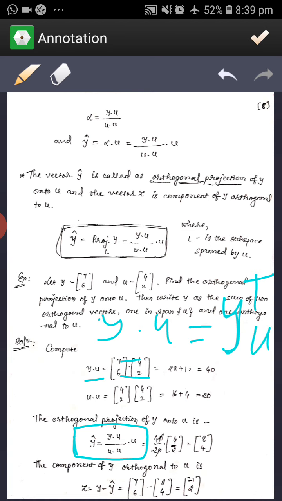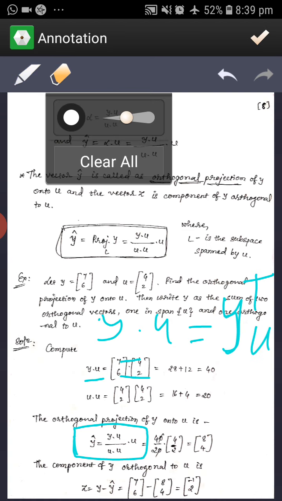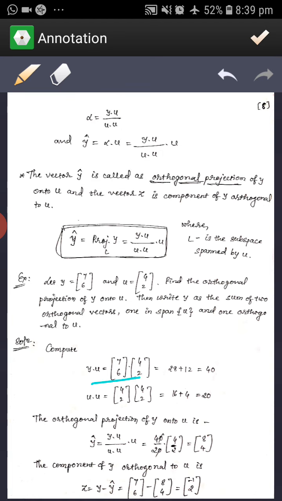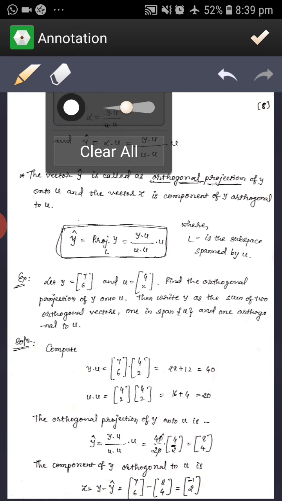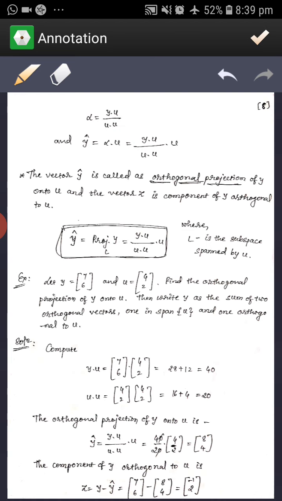So y dot u is equal to 40, and u dot u is equal to 20. The projection will be y cap is equal to y dot u divided by u dot u into u. We have calculated both terms, then multiply with u, which is 42, and it becomes 84. After calculating the projection, we need to calculate the orthogonal component.